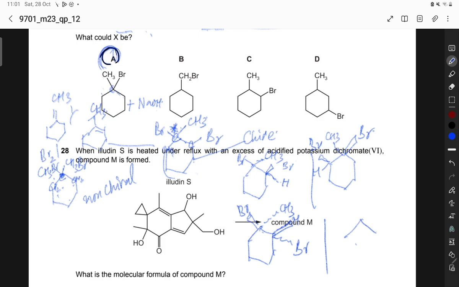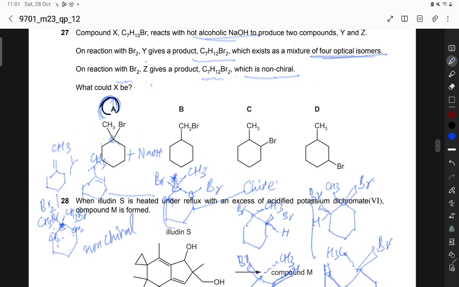So these are the four chiral isomers, so A option.